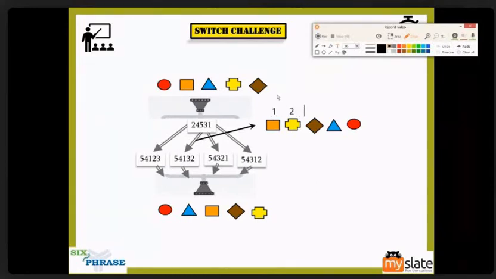Now what is the circle? Circle is 5. What is the triangle? It is 4. This is 1. This is 3. And this is 2. Did you all get this? 5, 4, 1, 3, 2? Yes. I can see everybody giving me the same answer. Okay, guys, nice.